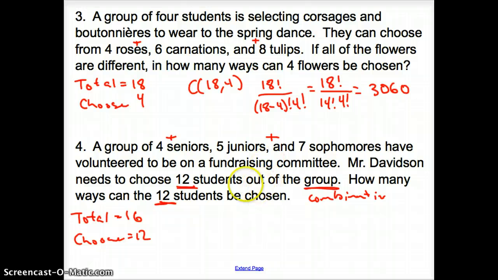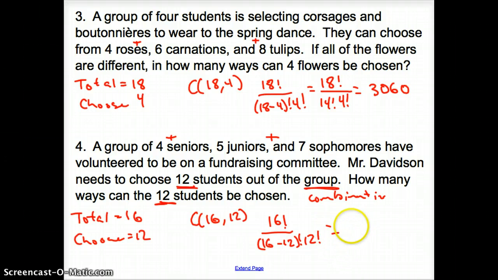So let's go ahead and use our formula: 16 choose 12, and if I use my algebra, it's 16 factorial over 16 minus 12 factorial times 12 factorial, giving me 1,820 different ways that Mr. Davidson can choose his groups.